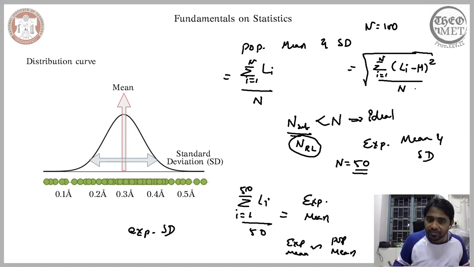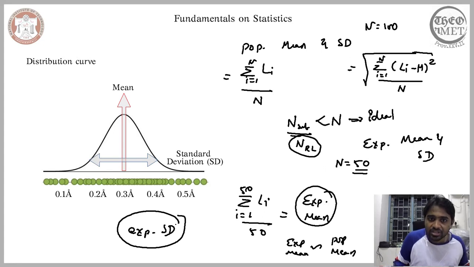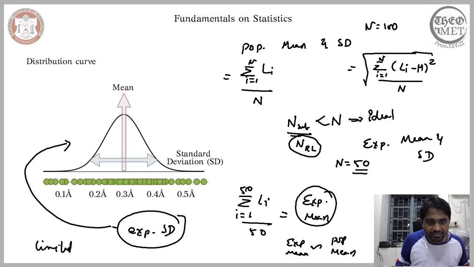Since even when the population is not as high as ideal, we are able to estimate the expected mean and expected standard deviation, using them we will be able to construct a curve of this sort. And that is the reason why we stated that even with the limited data set, relatively limited data, we will be able to come up with such a curve.